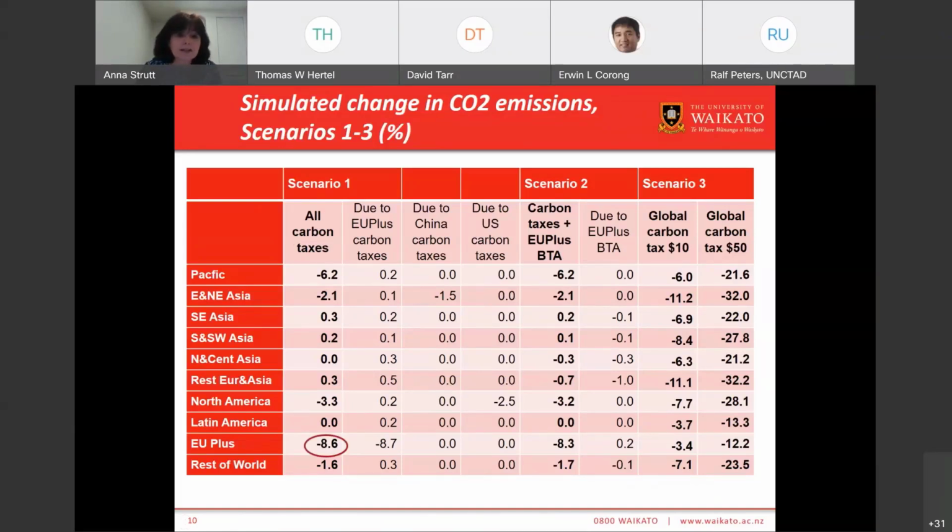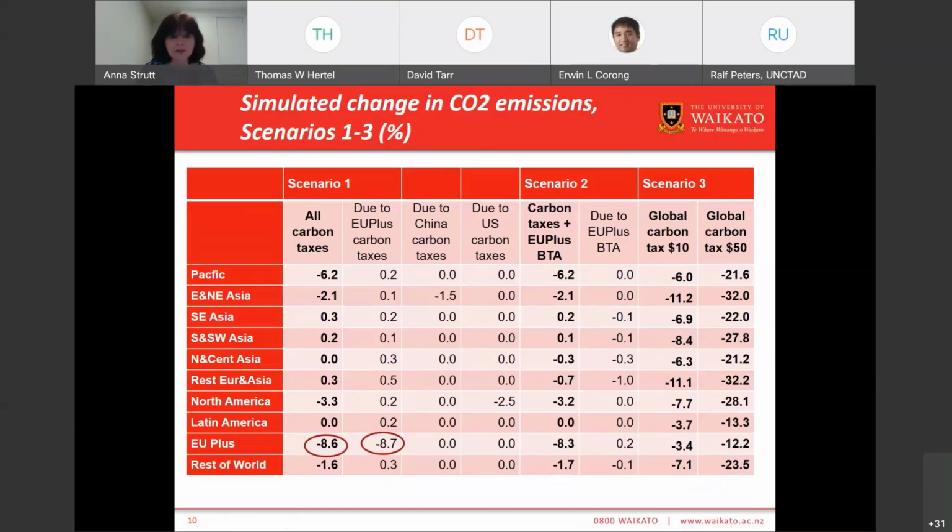Not surprisingly, the EU Plus has a big reduction in those carbon emissions because of that relatively big carbon tax in place in the EU. Most of that, of course, is coming from the carbon tax that the EU itself imposes. When we look at the impact of the EU alone imposing that carbon tax, every other country's emissions go up a little.